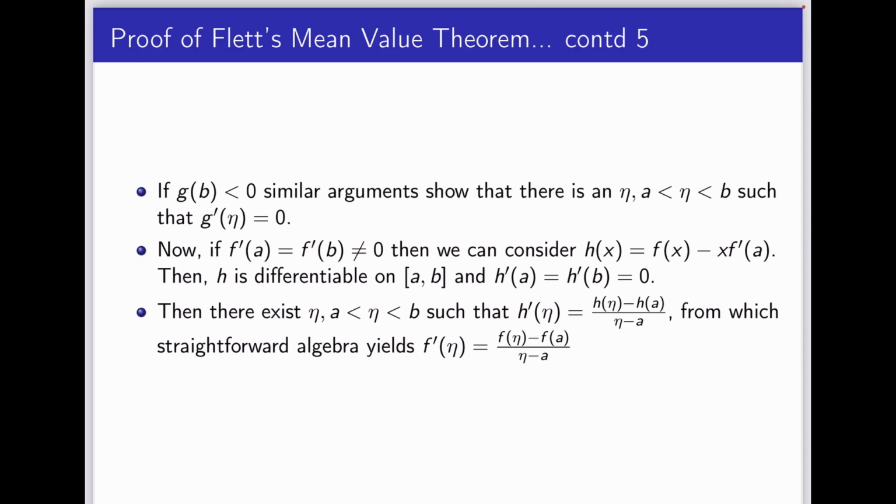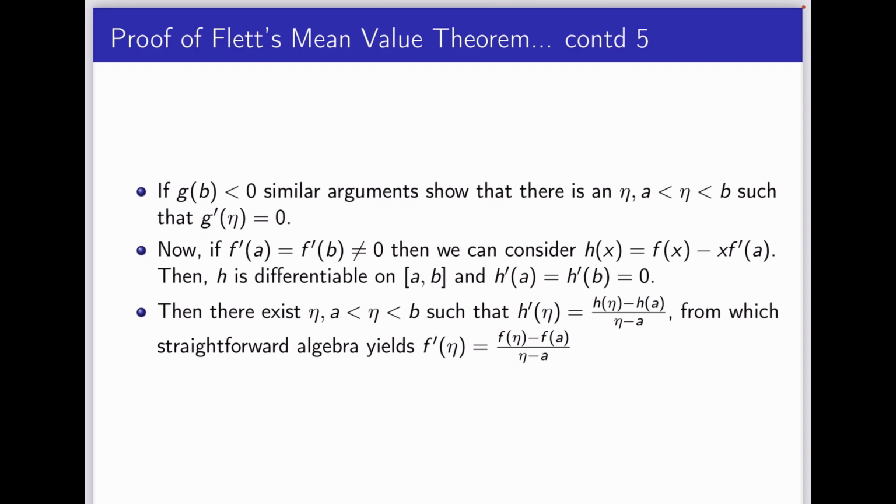Now remains the last condition, that is, we had assumed that f prime a equal to f prime b equal to 0. What if they are not equal to 0? F prime a equal to f prime b, but the value is not equal to 0. Then we will consider a new function h(x), which is defined as f(x) minus x f prime a.